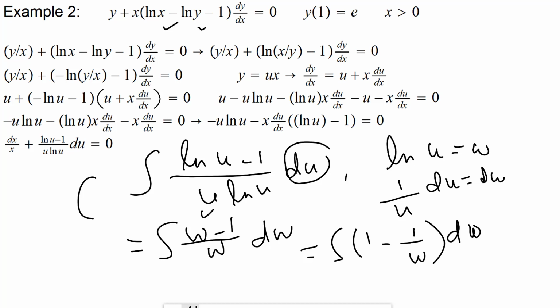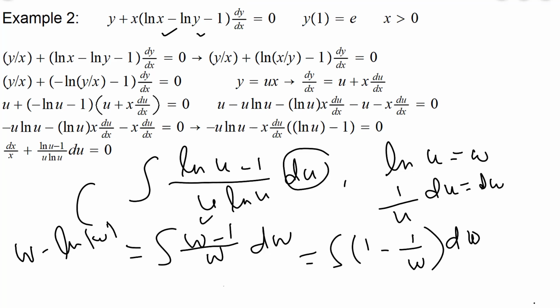Okay, so this integral would be simply w minus ln of absolute value of w, right? So if we write it in our typesetting, what we get is this. Now we should just first note that what we have here is ln of u, because that's what we are writing for w, and that equals here ln of u.